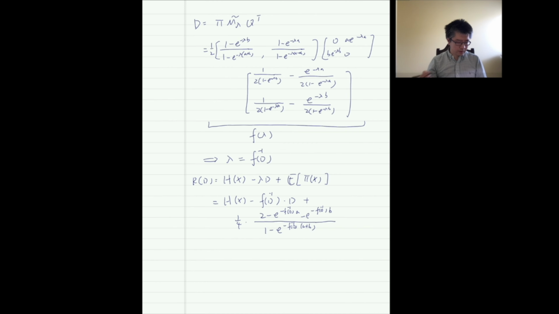Okay, and this is basically the rate distortion function, and the rest is to compute what is d max.